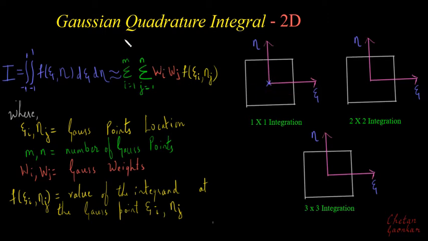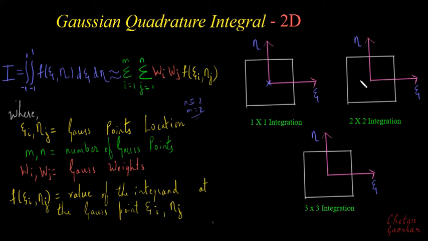But let us say for a given problem we find out that n is 2 and also m is 2. Then we will have to evaluate this integral in such a way that it is well balanced over both the coordinates, xi and eta.